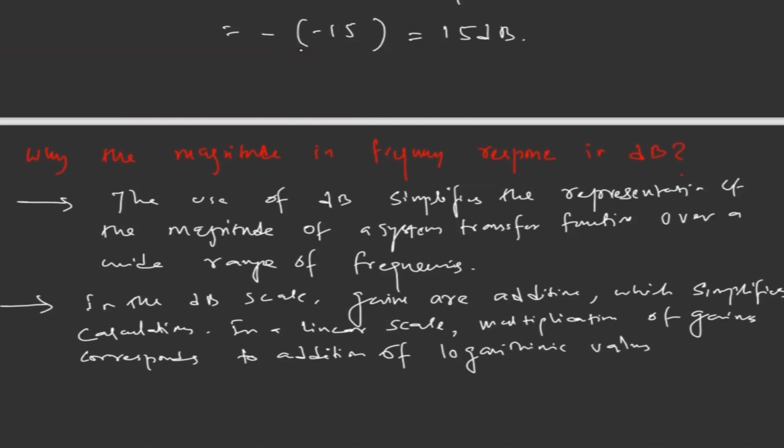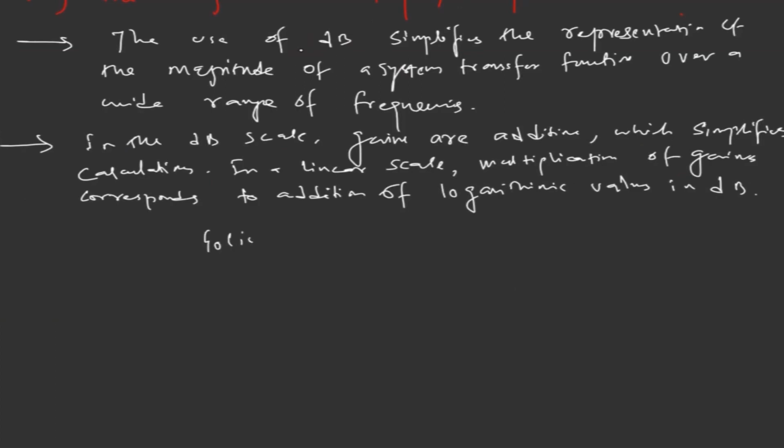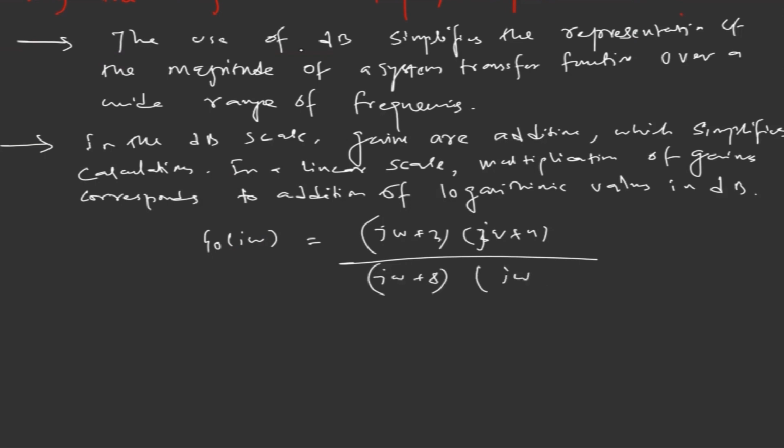values in dB. So basically, suppose we have a transfer function G naught of j omega, for example, maybe j omega plus 3, j omega plus 4, and we have another term in the numerator, for example, j omega plus 8, j omega plus 10.